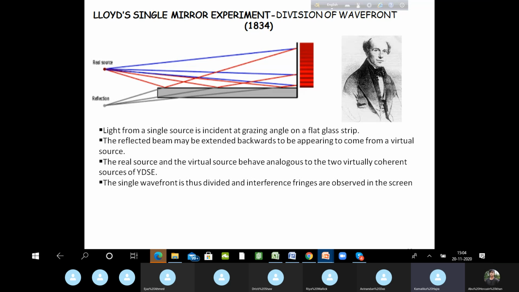So this is how Lloyd's single mirror uses division of wavefront. The blue ray comes to the screen directly from the source, and the red ray comes to the screen after getting reflected from the mirror. So these two then form a pair of coherent sources and produce interference fringes.